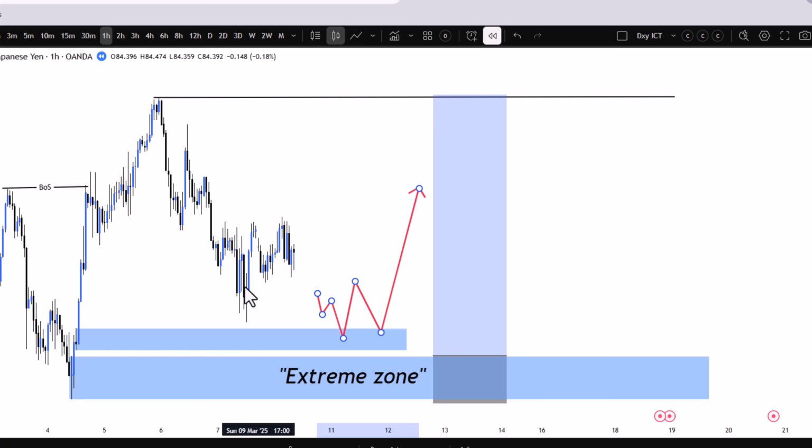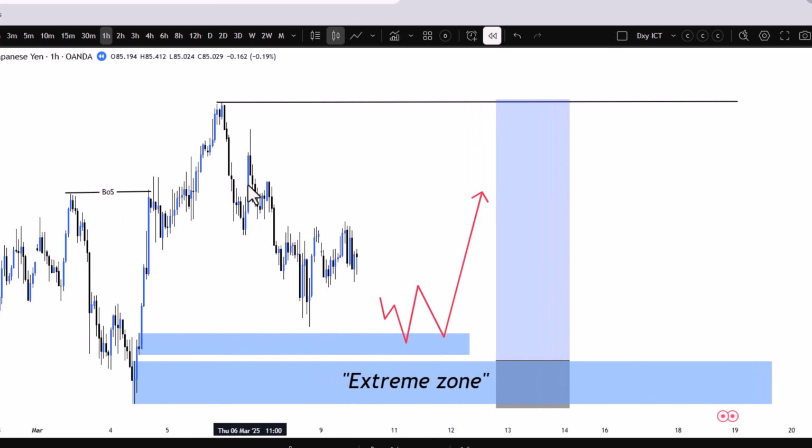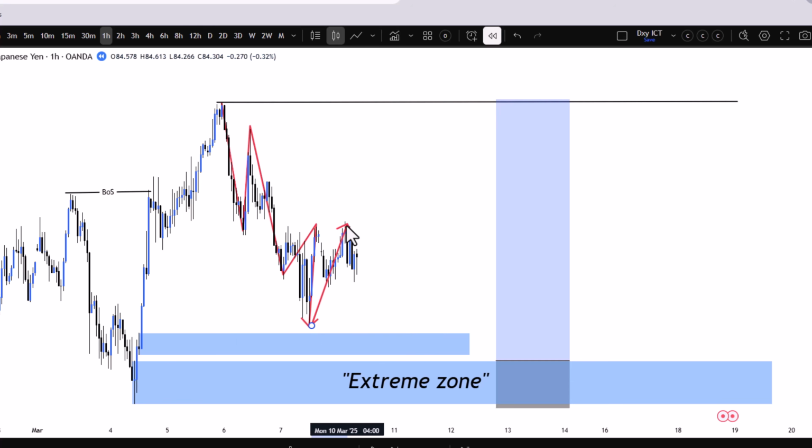So now that we're on the hourly, we can see there's a small trend inside of the larger trend. We have the high, a low, lower high, lower low, then we have a lower high and a lower low. Now, at this point, we would basically want to see the market return into this area of demand and then create a new high.